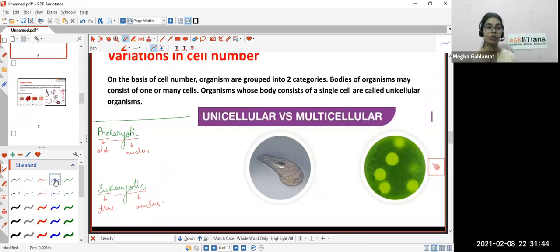For example, we have bacteria, right? And then we have the eukaryotic organisms. That means they have the true nucleus, or the evolved, modernized nucleus. For example, human beings, animals, plants.